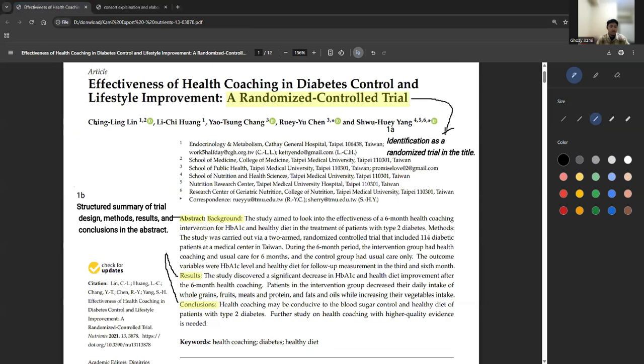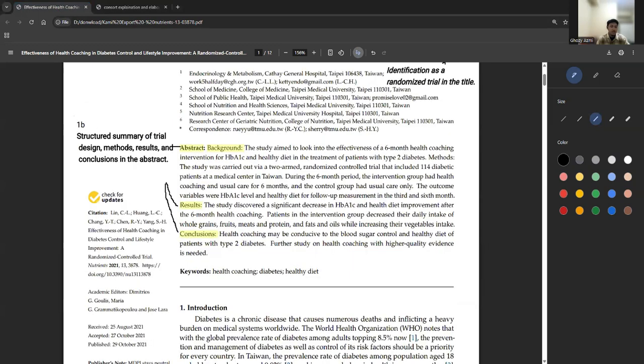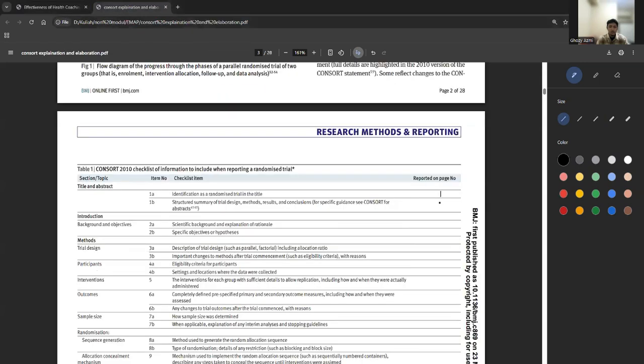Then we continue with 1B. I found a structured summary of trial design, methods, results, and conclusion in the abstract. This is the abstract. This is correct, and we checked it on page number 1.